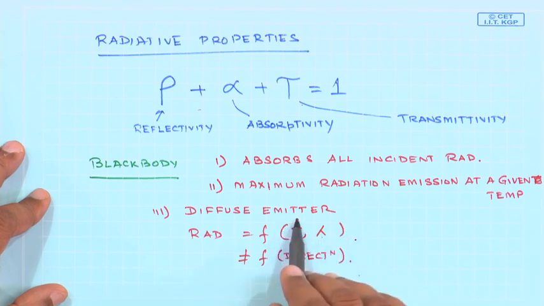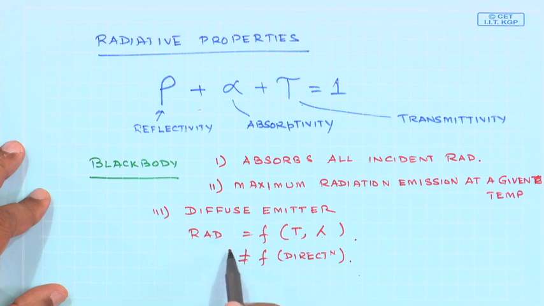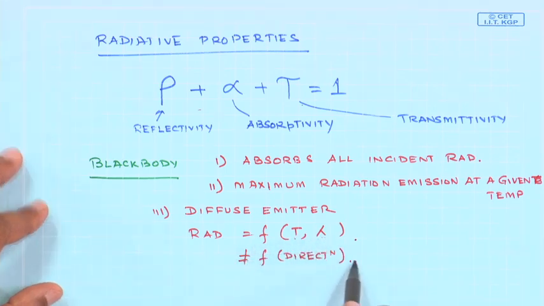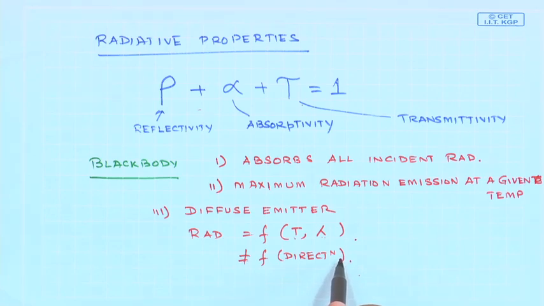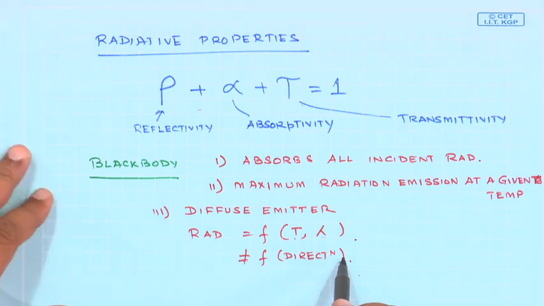But for a black body, the radiation emission is not a function of direction, it is a function only of temperature and lambda. When the emission from a surface is not a function of direction, it is called a diffuse emitter.